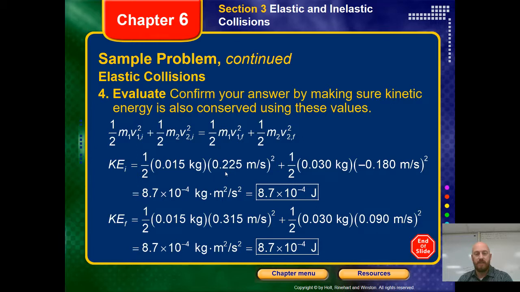So you have the velocity of the first ball, velocity of the second ball, gives you total kinetic energy of 8.7 times 10 to the negative fourth. Second part of this, velocity of the first ball after the collision, velocity of the second ball after the collision. Same energy. No energy was lost. Should make sense.